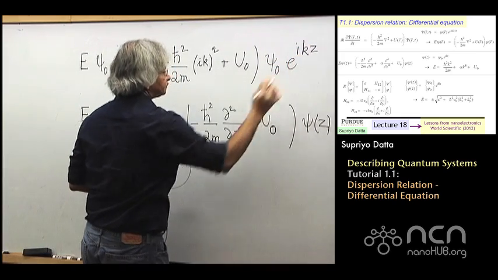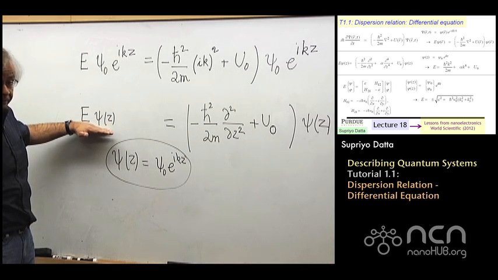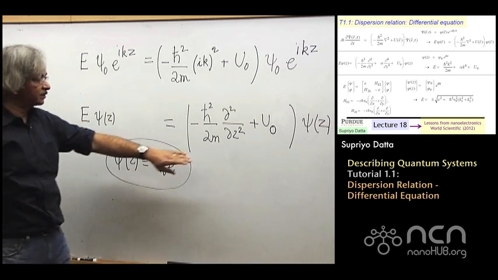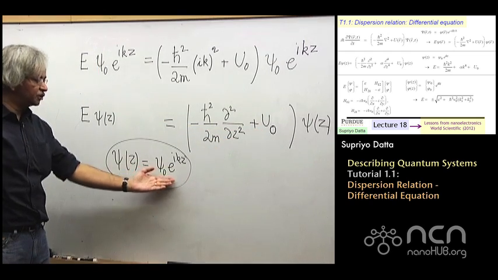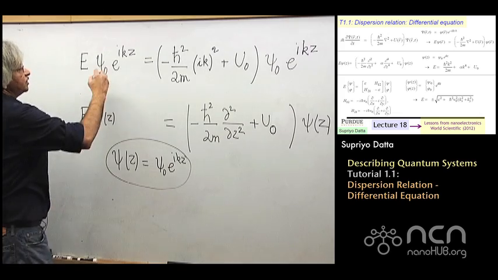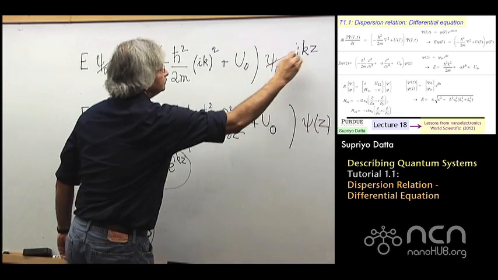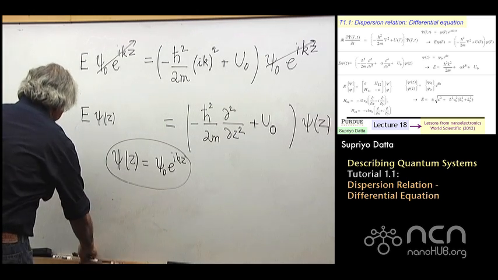So starting from the time-independent Schrodinger equation, assuming a constant potential u0, if you assume a solution of this form, exponential, you can go back there, and now you see this will cancel out, and that will give you what we call the dispersion relation.